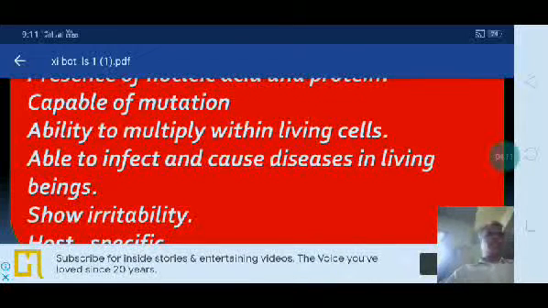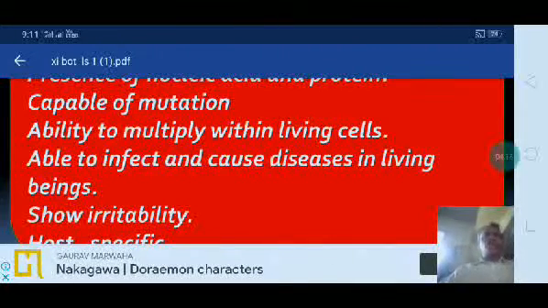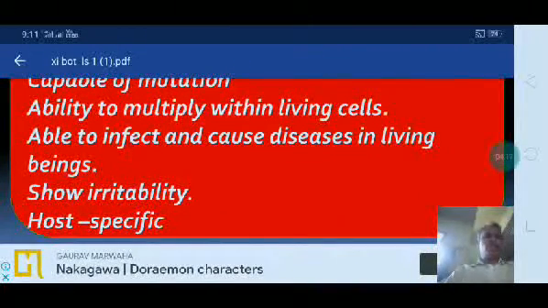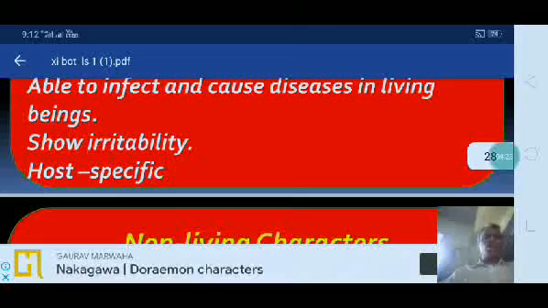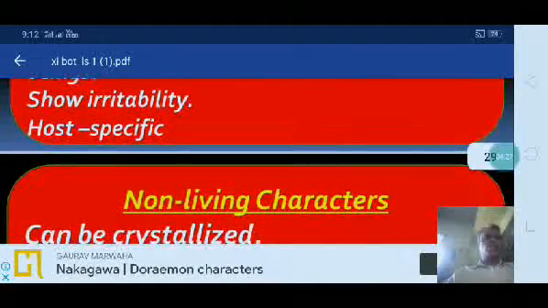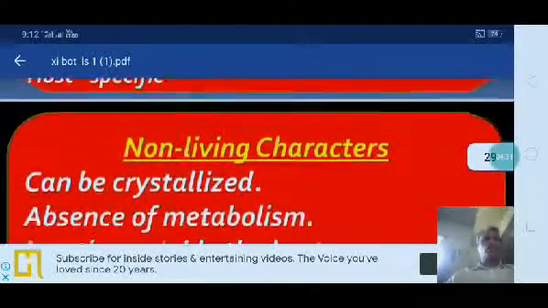Ability to multiply within living cells. Able to infect and cause diseases in living beings. It also shows irritability, and is host specific. These are the living characters present in viruses.